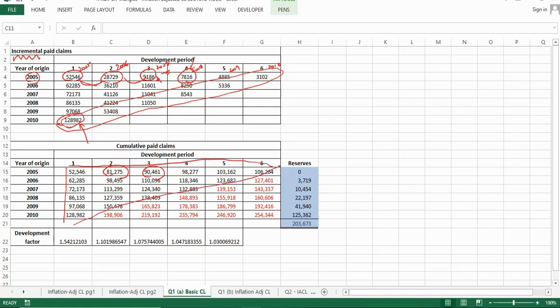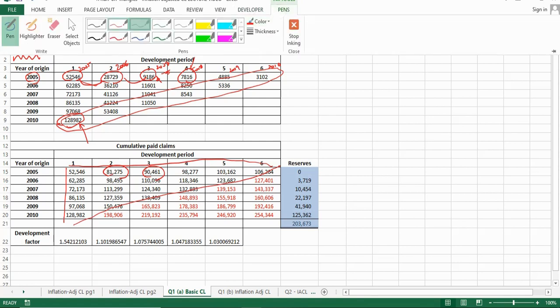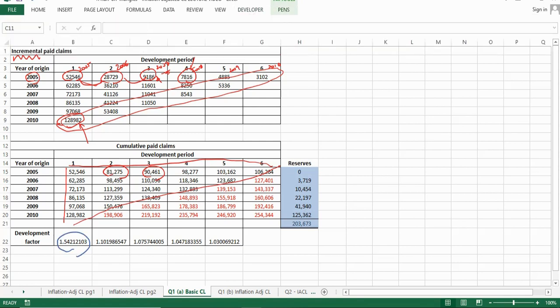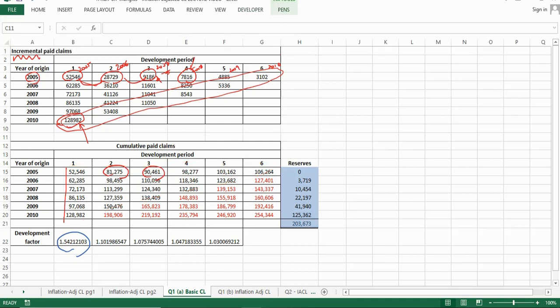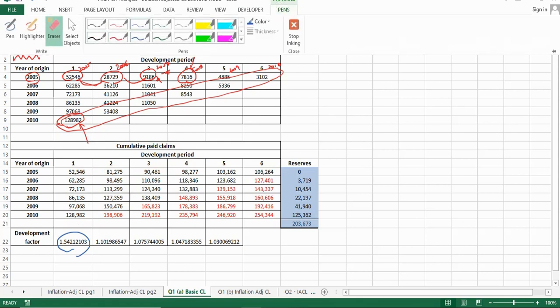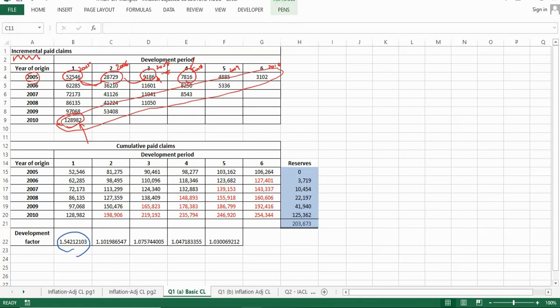Now, to fill the lower triangle, we have to calculate the development factors. I think you will agree with me that the calculation of the development factors is very simple. For the first one, you take this and you divide by this sum.